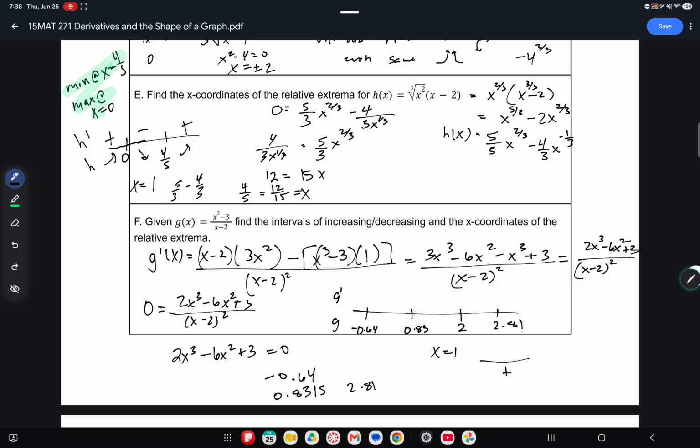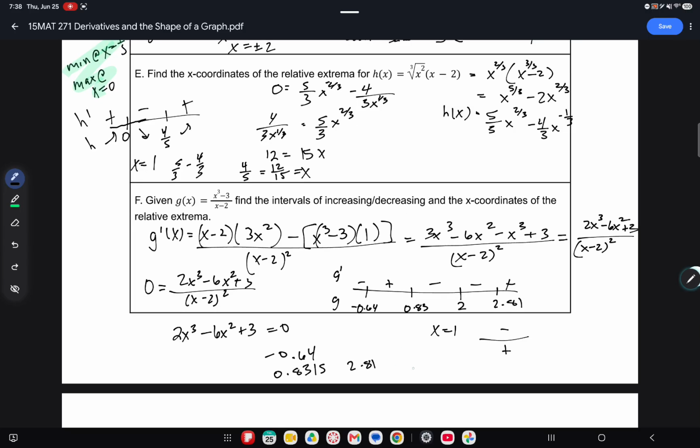And then 2 minus 6 is negative 4, negative 4 plus 3 is negative 1. So negative, positive, negative, positive, negative, because we're going to switch everywhere, except at 2, because I had a multiplicity that was even. So actually I didn't switch there.